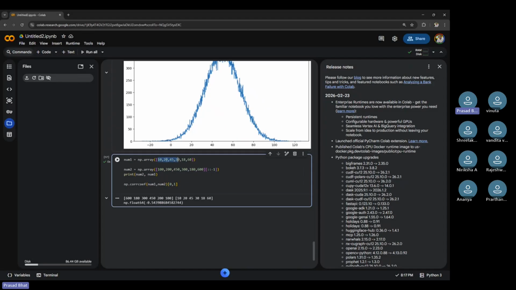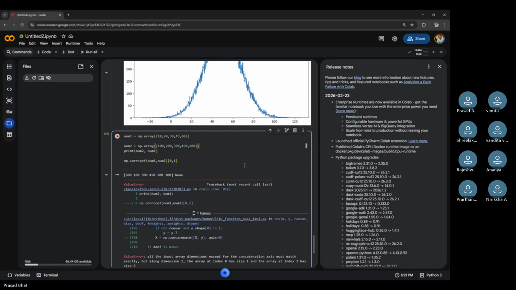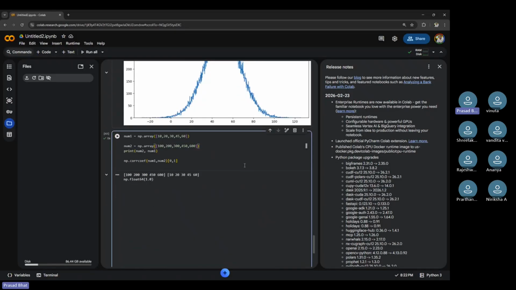Here we have 10, 20, 45, 30, and then 18 and 60. Since num1 and num2 are not exactly linear, some variation will be there. If the values were exactly scaled, the coefficient is going to be exactly 1.